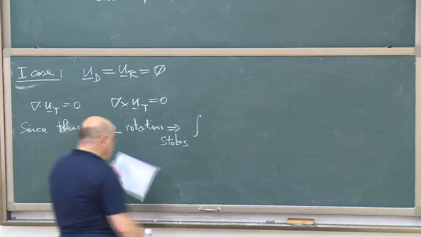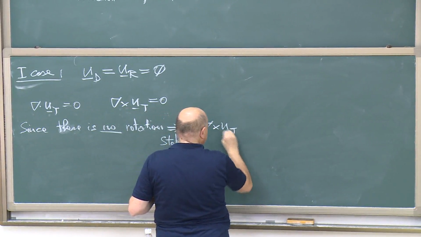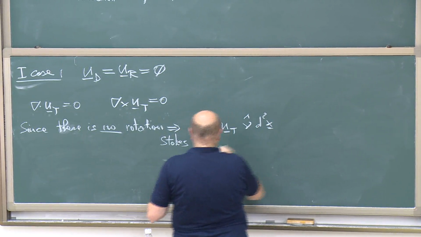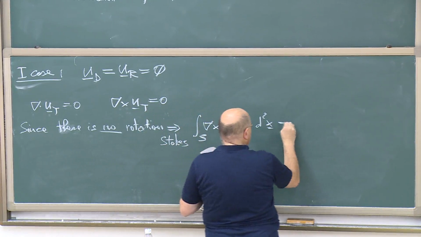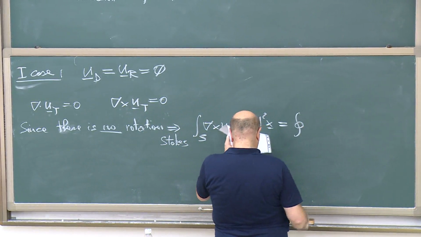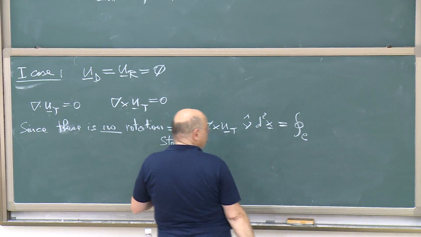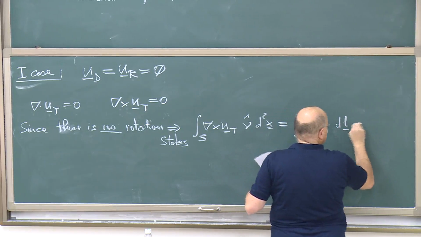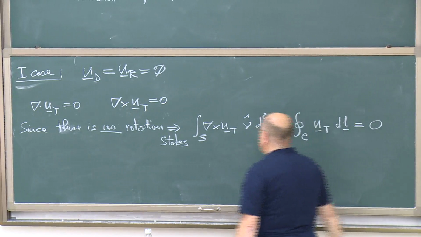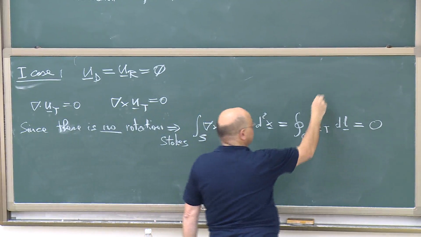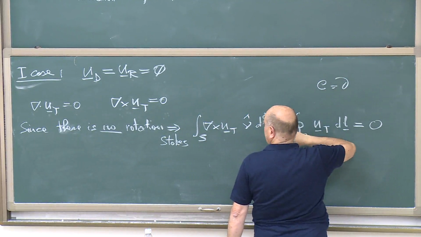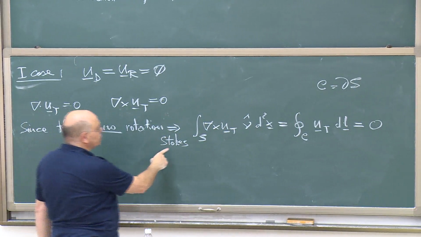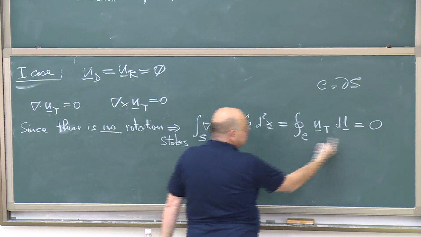We use the Stokes theorem, and we have the curl of ut over some surface, and this is exactly the integral along the boundary of this surface of ut dl. And this is 0 because there is no rotation. And I use C as the boundary of S. Okay, there is no rotation. I use Stokes. This is 0, so evidently this is 0.